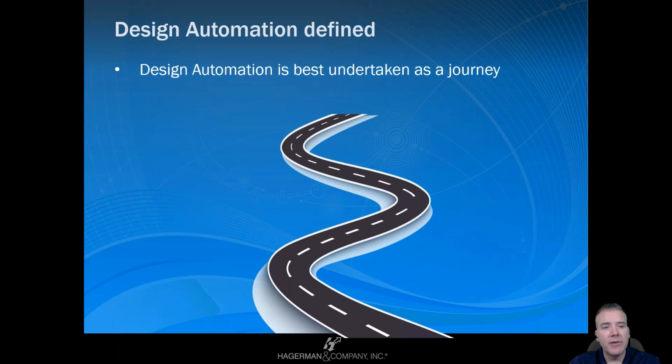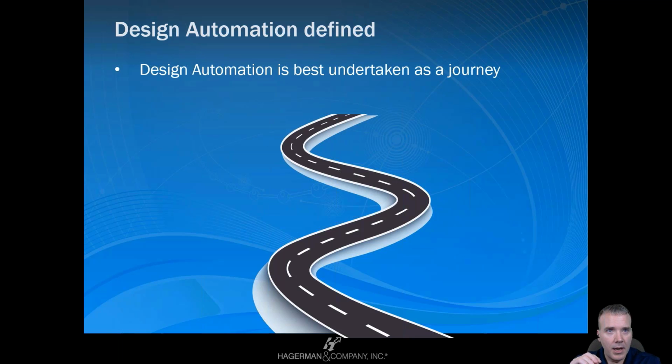And when I say the end of the process, in my mind, design automation really is and should be approached as a process or as a journey. The design automation efforts I see fail very often are those that try to do too much too quickly or start in the wrong place.